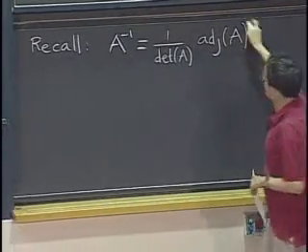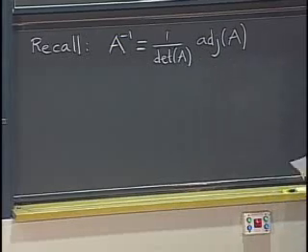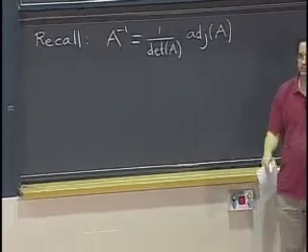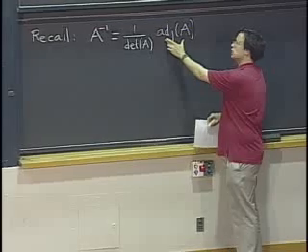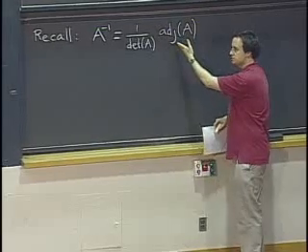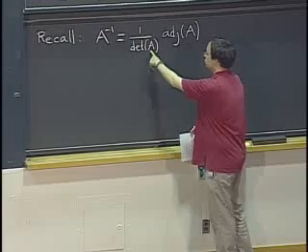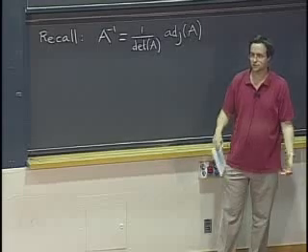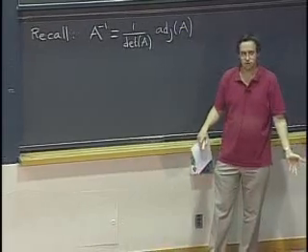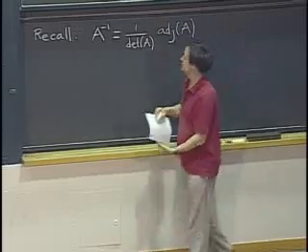And we've learned how to compute this. Remember, we had to take minors, then flip some signs, and then transpose. That step we can always do. We can always do these calculations. But then at the end, we have to divide by the determinant. Well, that's fine if the determinant is not 0. But if the determinant is 0, then certainly we cannot do that.